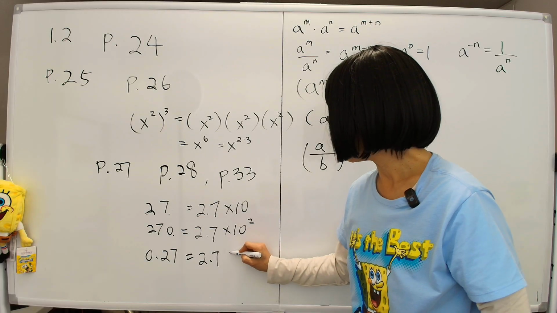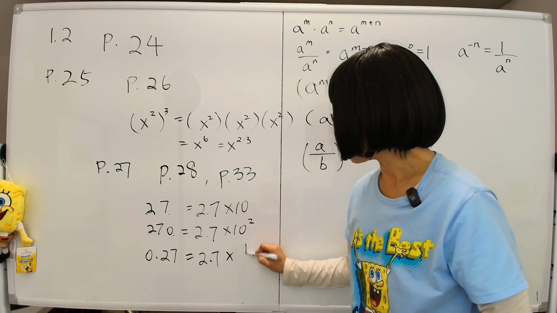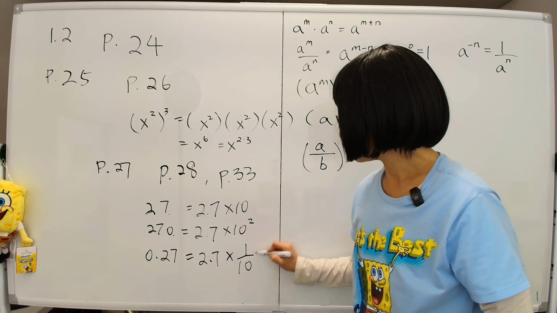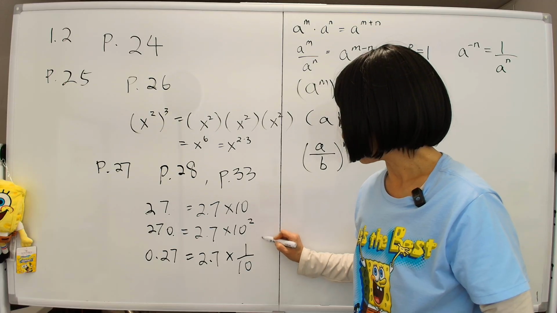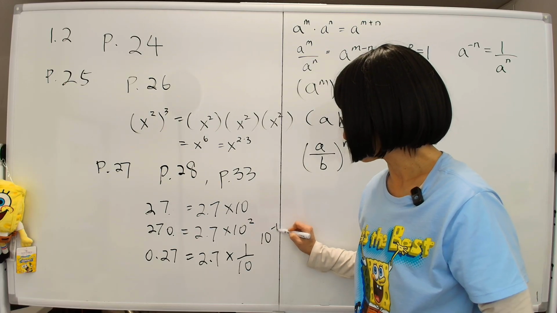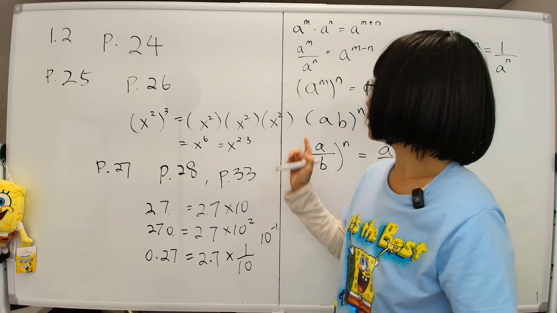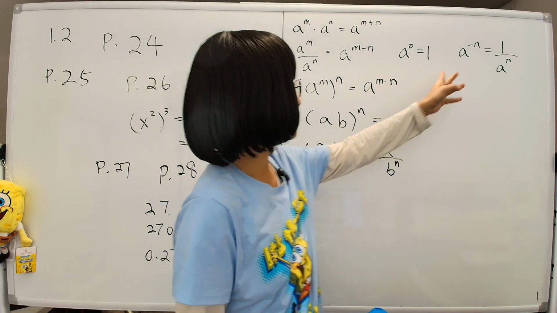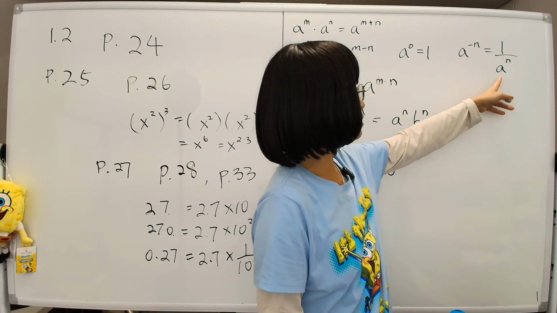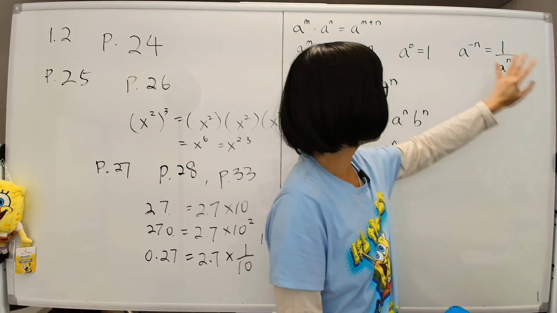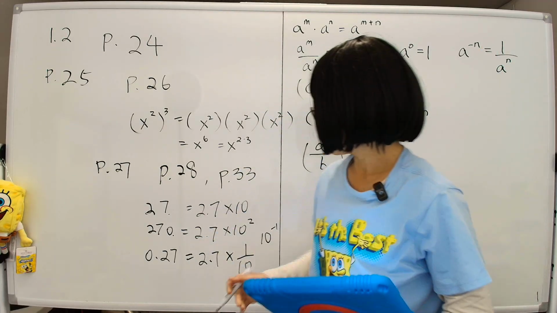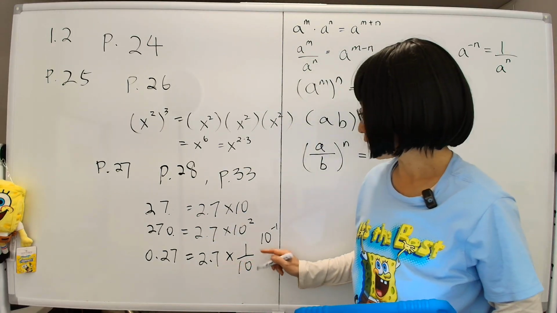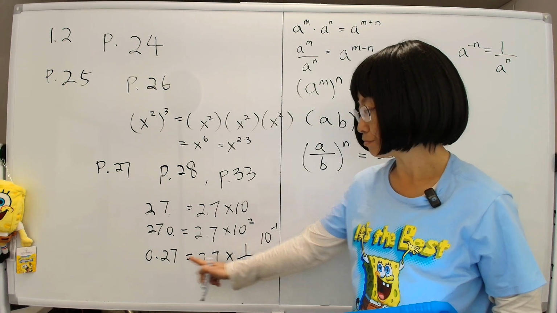But what we're going to do is multiply it by 1 over 10, which is another way of saying 10 to the power minus 1. As we have mentioned before, the negative exponent is the same as 1 over the number. So we write it as 2.7 times 10 to the power minus 1, which equals this number.